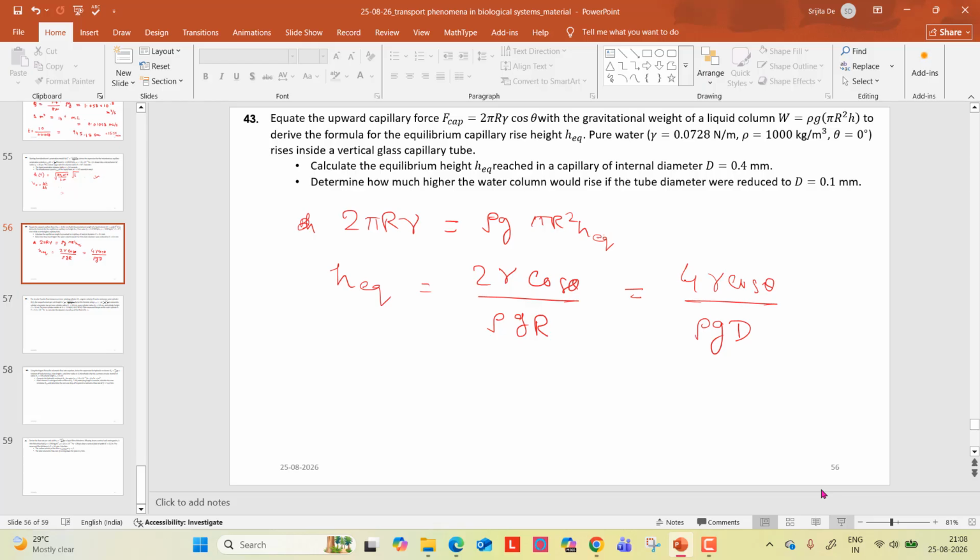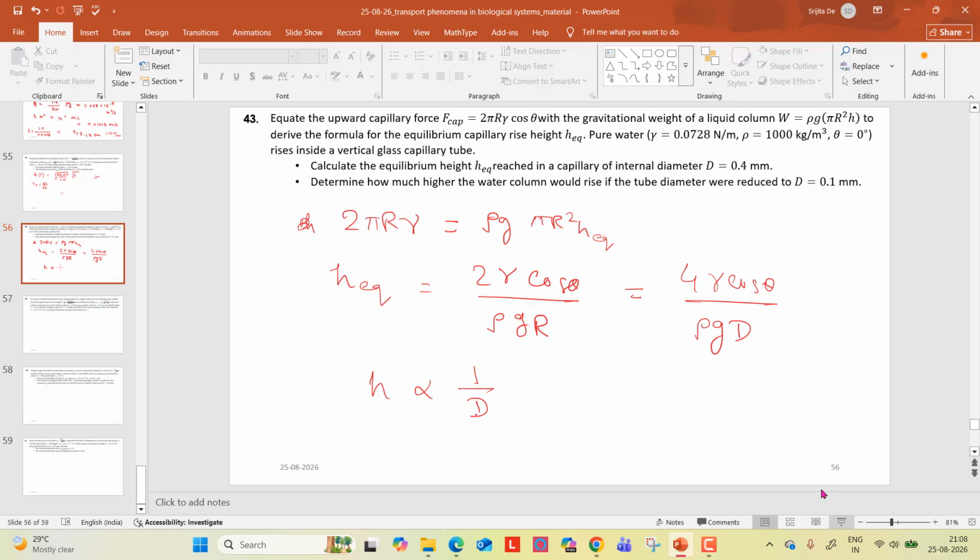Determine how much higher the water column would rise if the tube diameter were reduced to 0.1. So you can calculate, since h is inversely proportional to d.